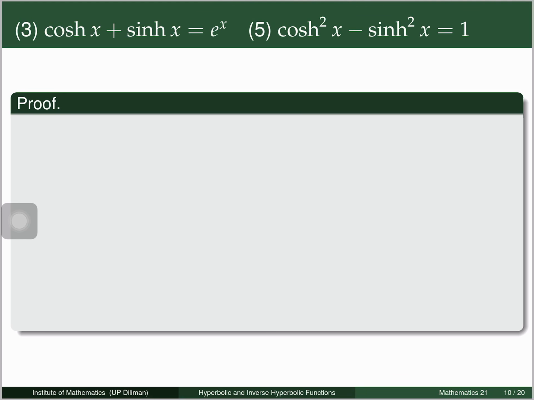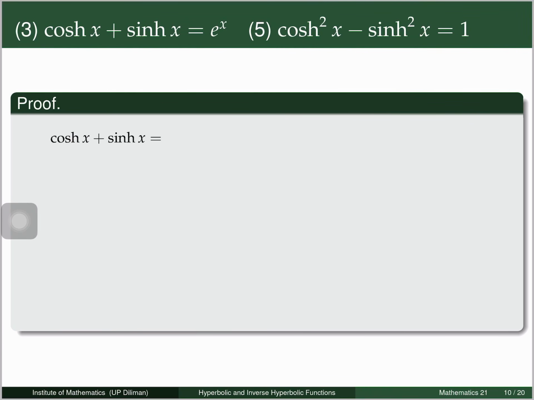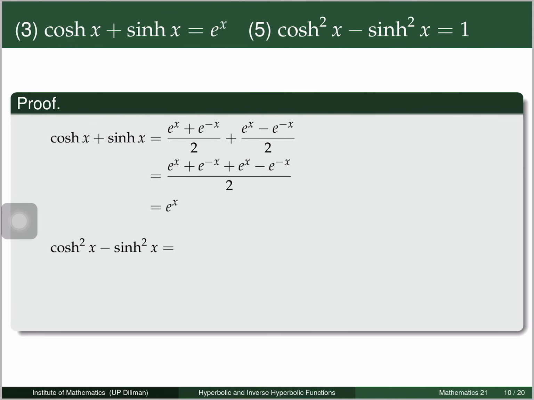So let's try to prove some of the identities, in particular yung 3 and 5. So cosh x plus sinh x. So sabi ko nga nako-follow lang to immediately from the definition. So recall, pag may time. Simplifying terms, you get this, which is equal to e to the x. And let's say you consider cosh squared x minus sinh squared x.